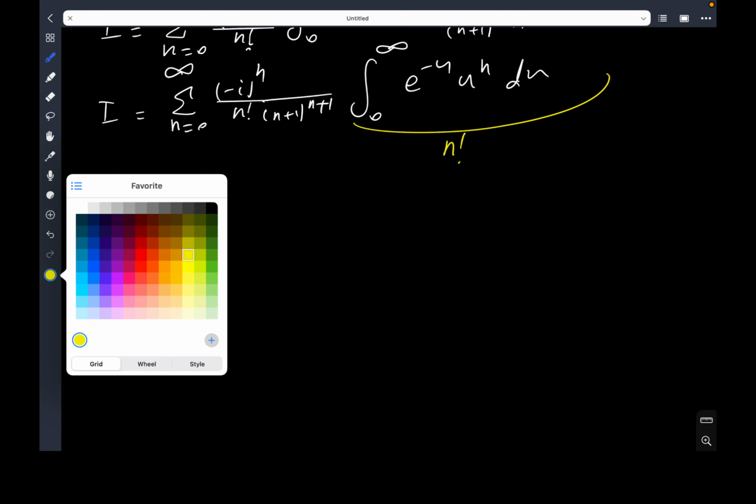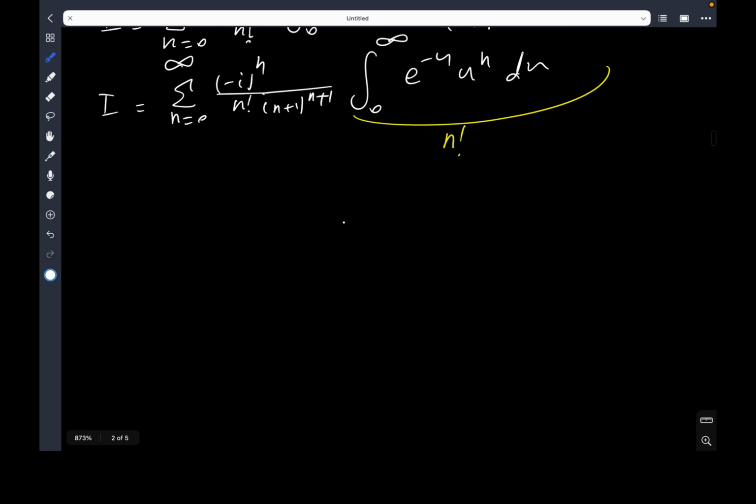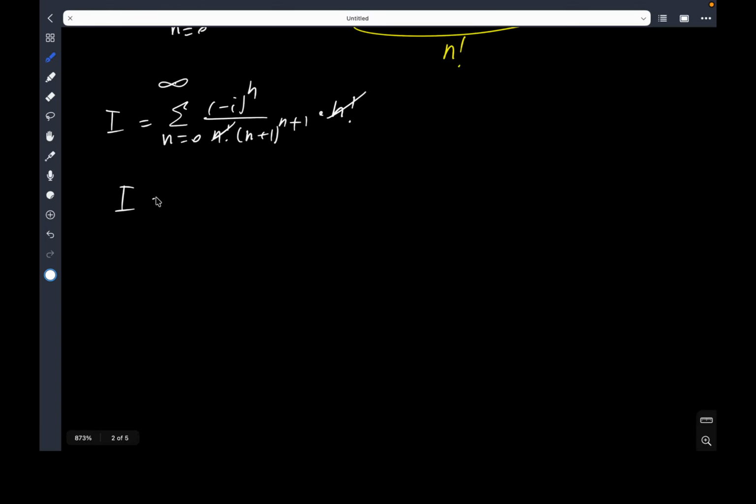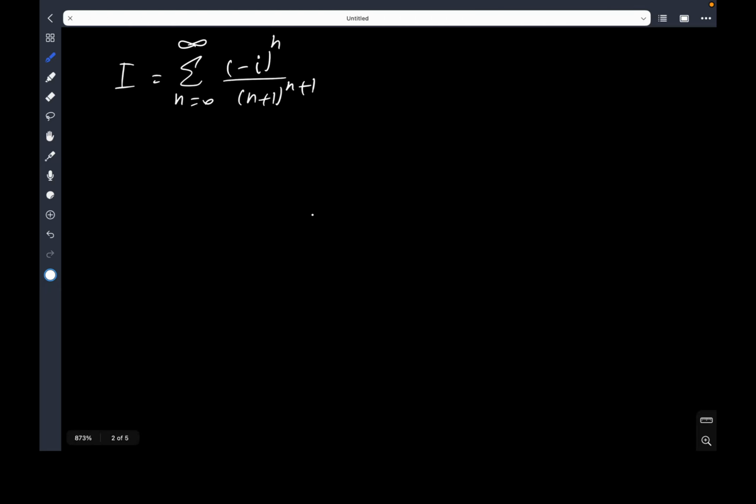Therefore, if I write it again here, it's negative i to the n over n factorial, n plus 1 to the n plus 1, times n factorial. I can cancel out these two. Therefore, I'll get my I, the integral from 0 to infinity, to be negative i to the n over n plus 1 to the n plus 1.